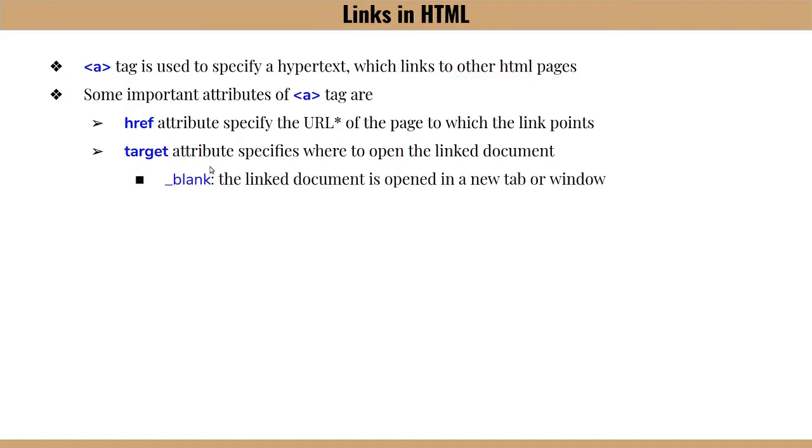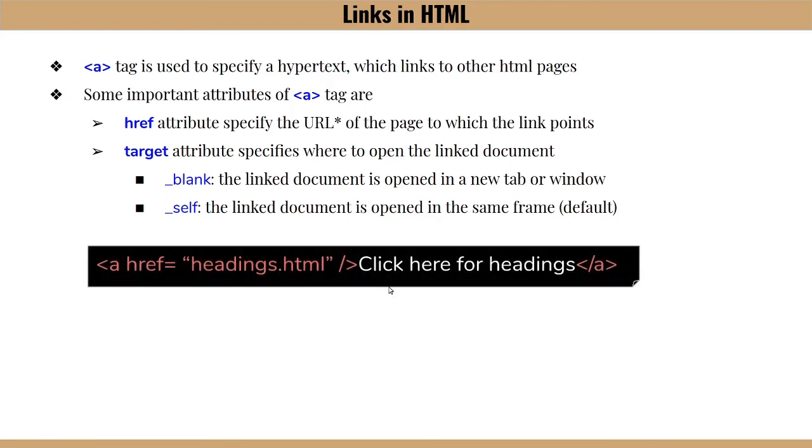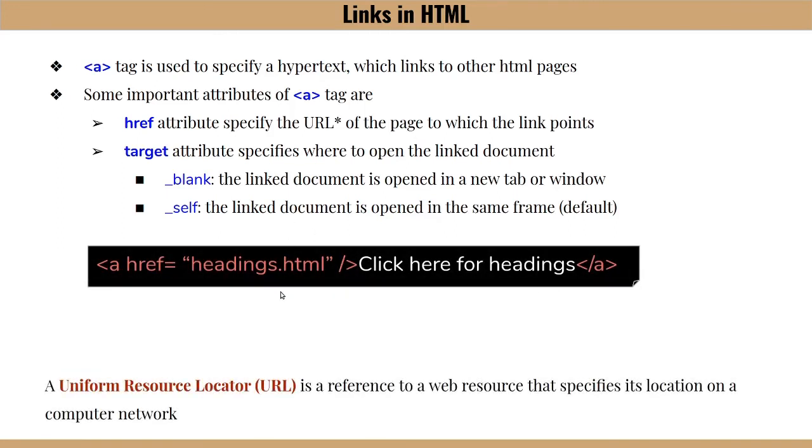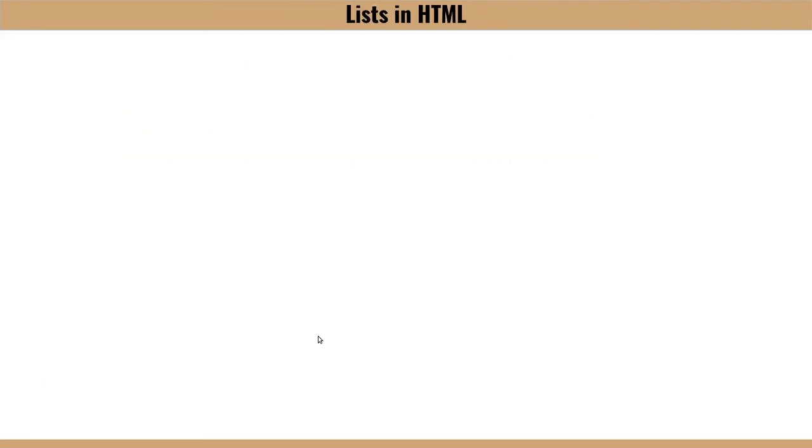The target attribute can have two values, either underscore blank, in which case the linked document is opened in a new tab, or underscore self, in which case the linked document is opened in the same frame or same tab. So this is an example for the a tag. A URL means uniform resource locator. It is the actual location of a file in a computer network.